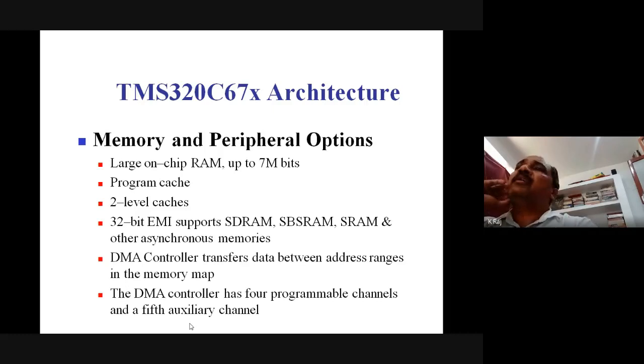Memory and the peripherals: this is a large on-chip RAM up to 7 Mbytes, and the program cache, 2 level caches are there, and 32-bit EMIF supports SDRAM, SBSRAM, SRAM, and other asynchronous memories. The DMA controller transfers data between the address ranges in the memory map, and the DMA controller has 4 programmable channels and a 5th auxiliary channel here.